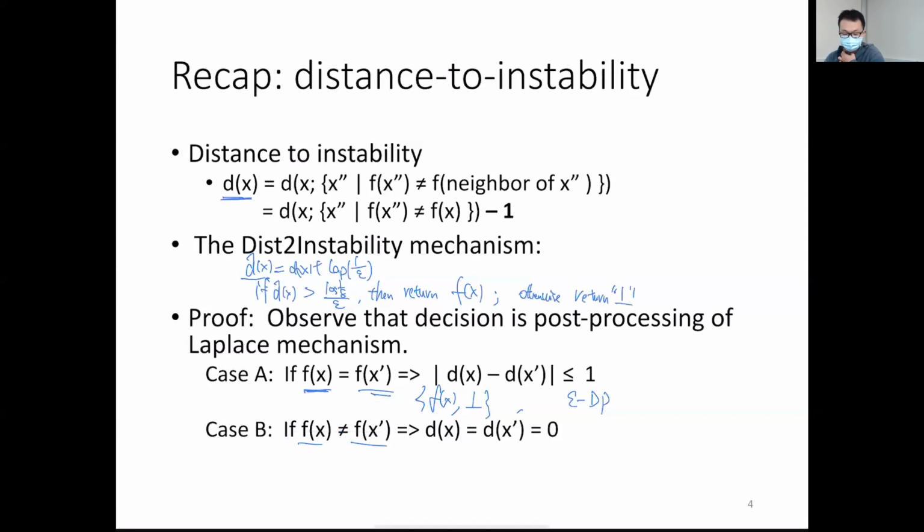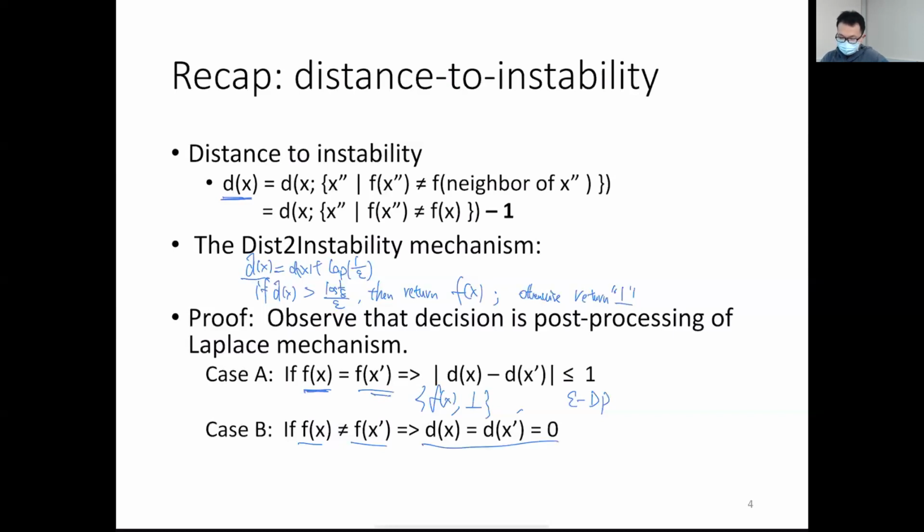Therefore d of x has 0 distance to itself, so it is 0. Similarly, when we consider x prime, we can use x as the x double prime. That also gives us that x prime is not stable, therefore the distance to stability is 0.